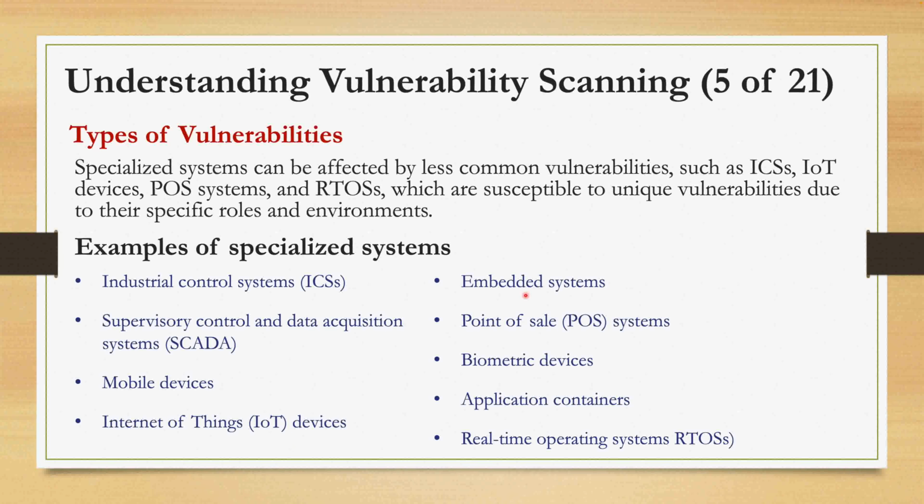Embedded systems here, for example, could have limited security features, hard-coded credentials, outdated firmware. A good example could be medical devices or vehicles. Point of sale, the one you see in the big stores: weak encryption, unpatched systems, skimming attacks, and this also could lead to theft of payment card data and financial loss.